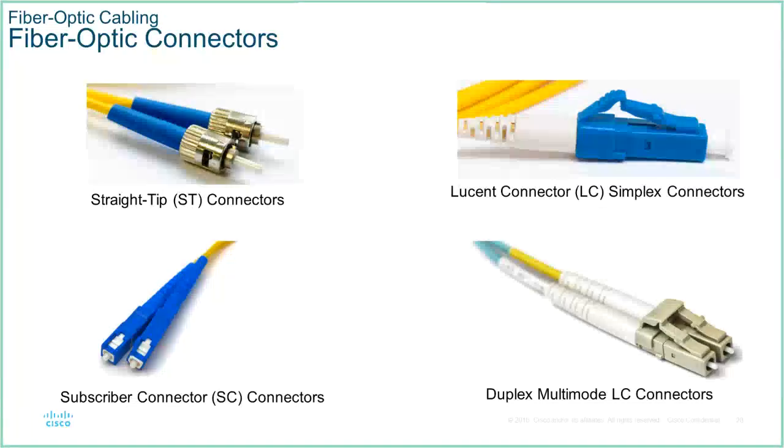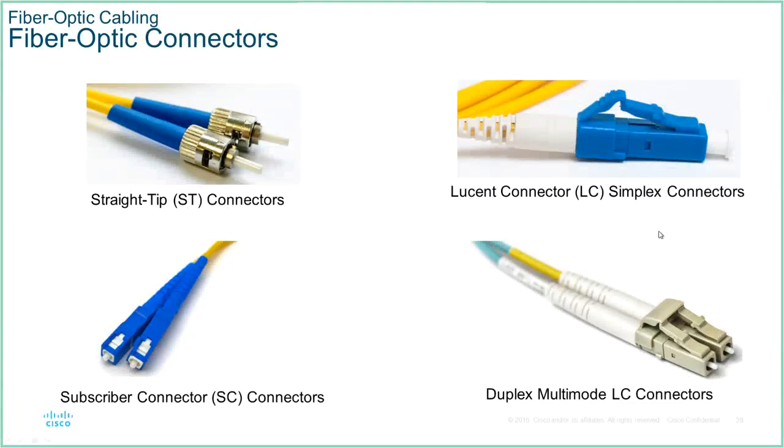Types of connectors: straight tip, subscriber connectors, duplex multi-mode, and Lucent connectors all have slightly different characteristics. So with straight tip, you push the tip in and use a BNC-type twist, a push and twist connector. Subscriber connectors were a little square and they push in with a snug fit, so they clip in.